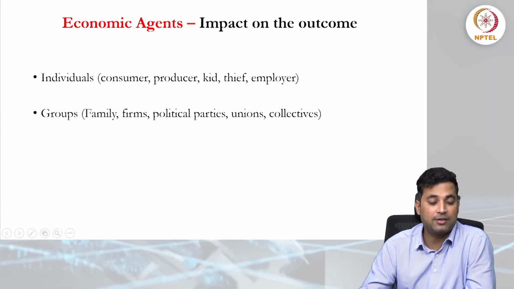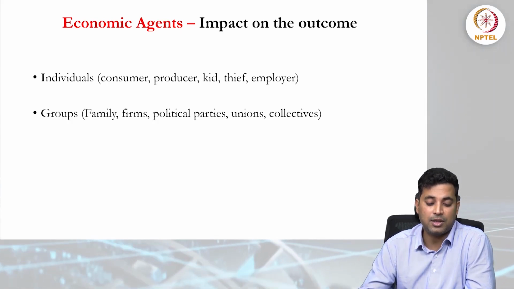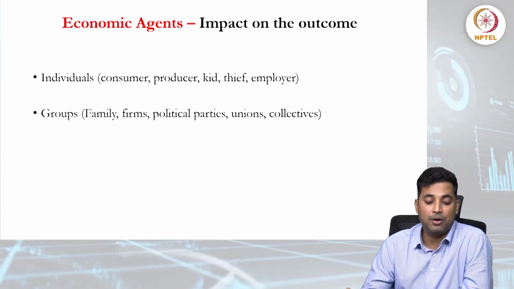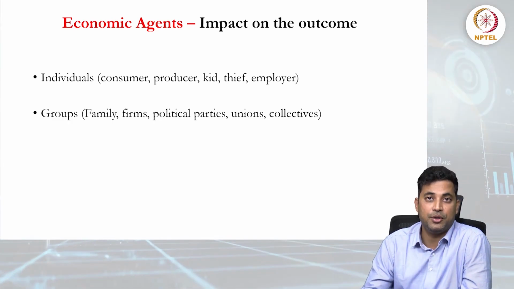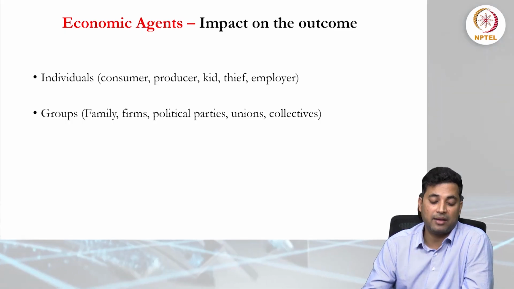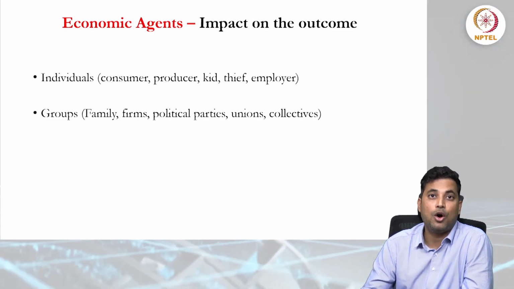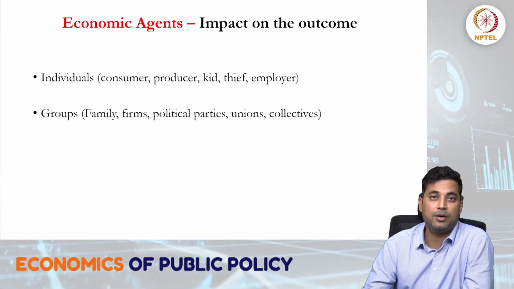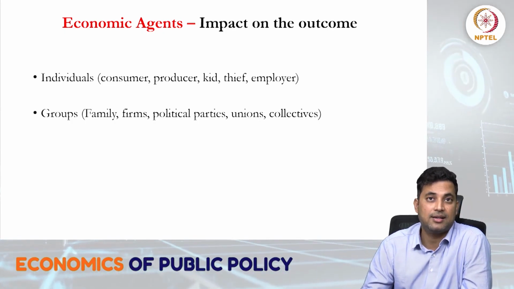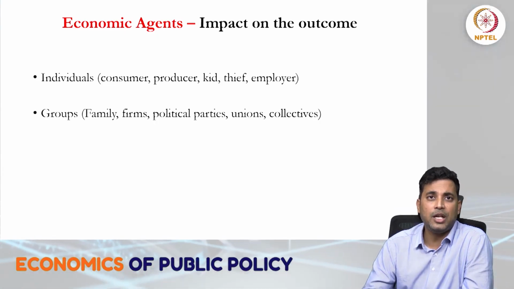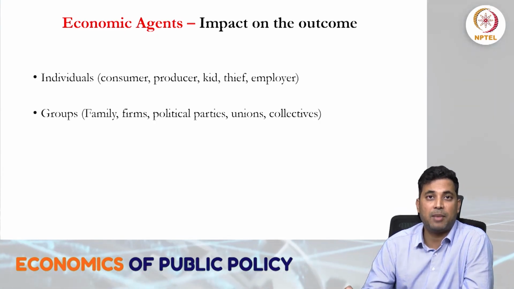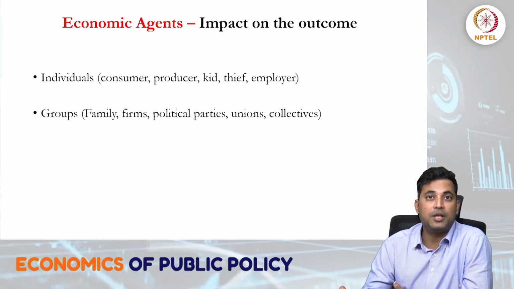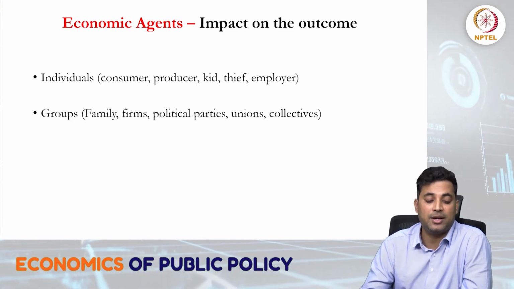As a group also, as a family, as firms and political parties, unions and collectives, they also rationally produce or think, and that's how commodities are produced or policy is framed. Take the example of electoral candidates: when he or she contests, they have to give a manifesto, which includes the policy frame or a particular agenda.